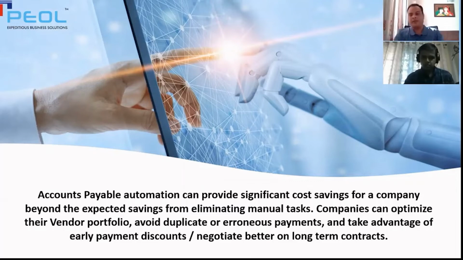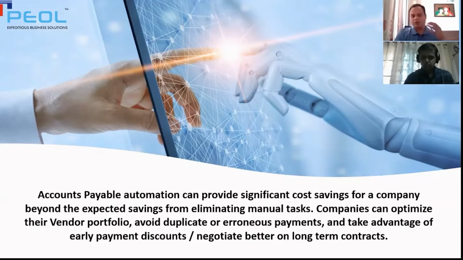It can motivate the team itself to focus on more strategic activities in the organization. And companies can optimize their vendor portfolio. They can have a powerful process or tool to renegotiate with their vendors. And essentially, the challenges related to vendor management, in terms of avoiding duplicate or erroneous payments, all that can be addressed.